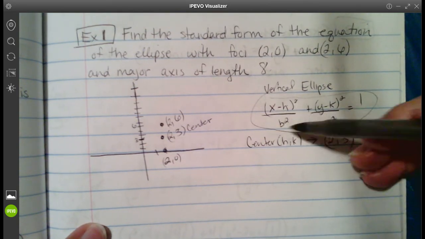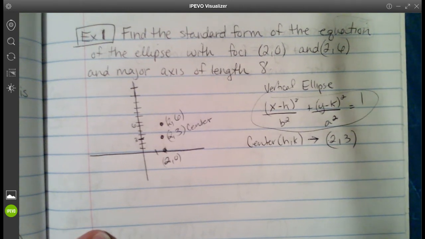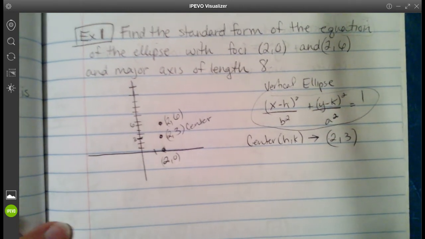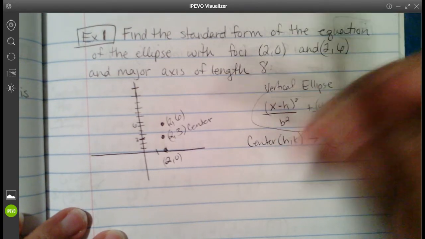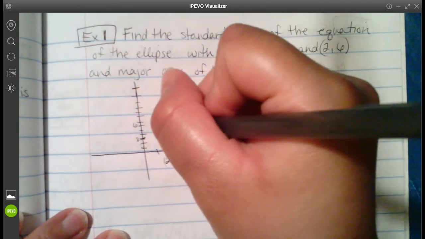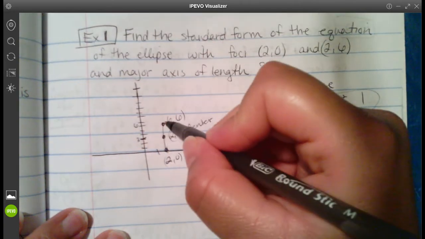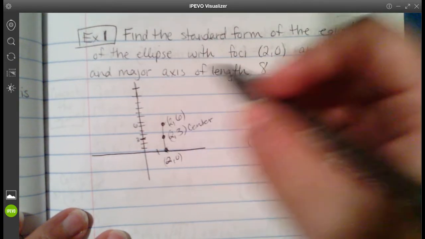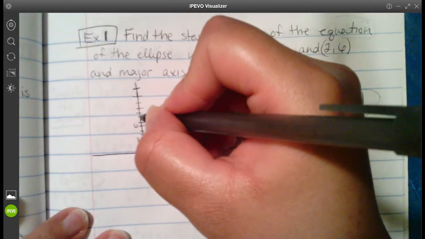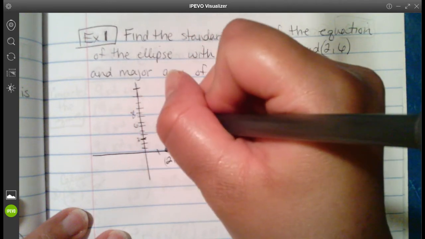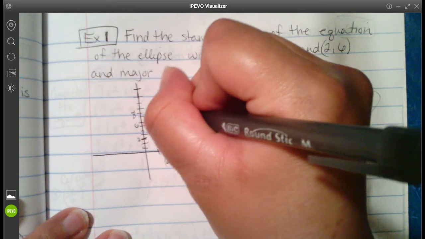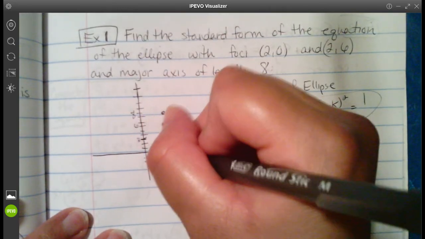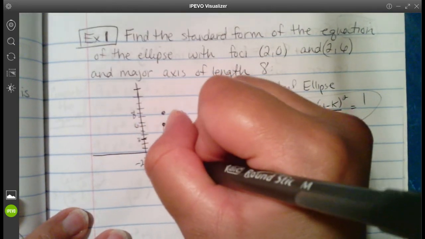Let me figure out my a squared and my b squared now. I know that the total length of this is supposed to be 8. So far I have 6 points. From 0 to 6, that's a length of 6. If it's supposed to be 8, I'm going to have to go up 2 more. So 6, 7, 8 here, and then 2 more down here at -2.